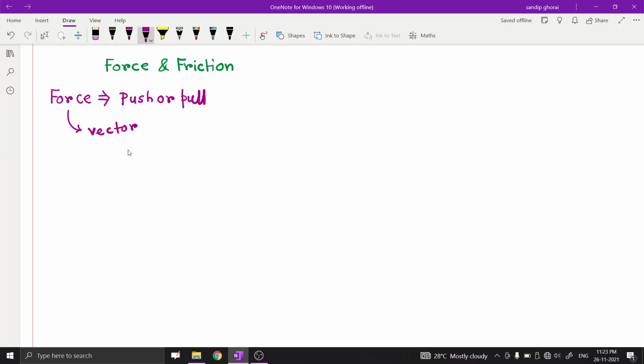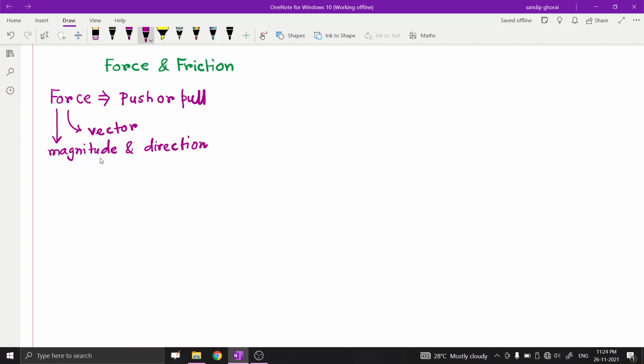Which is measurable, that term is called quantity. And here force is a vector quantity. A vector quantity has both magnitude and direction. So force has magnitude and also direction. That is why force is a vector quantity.